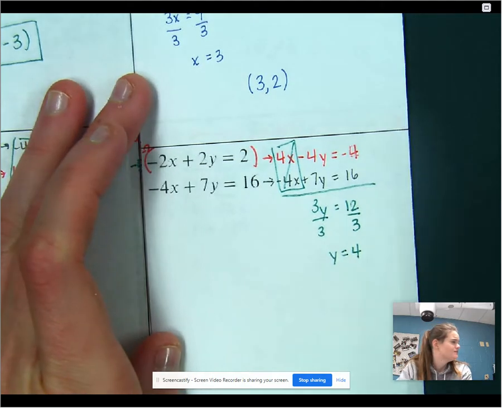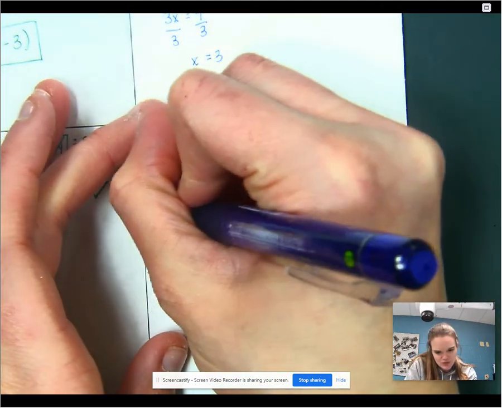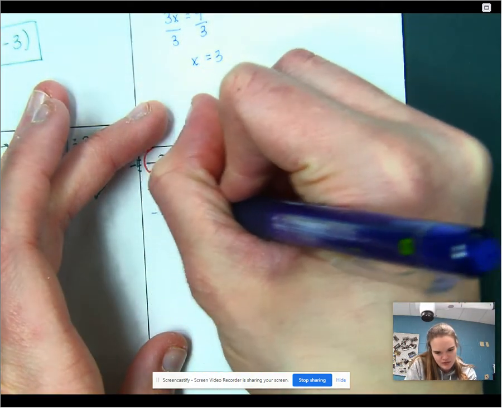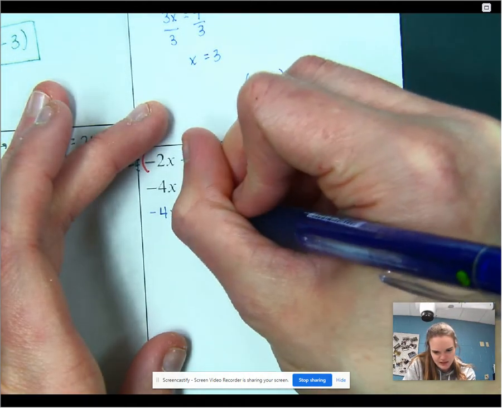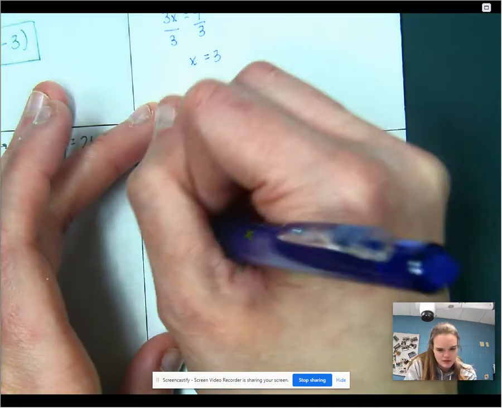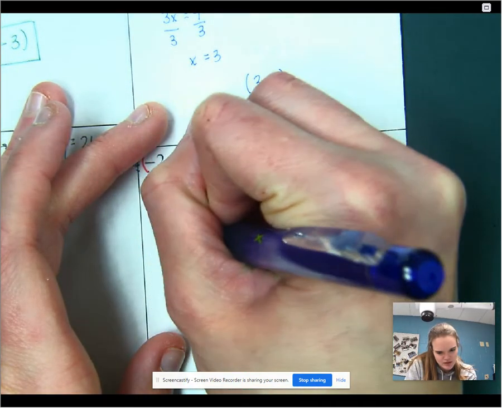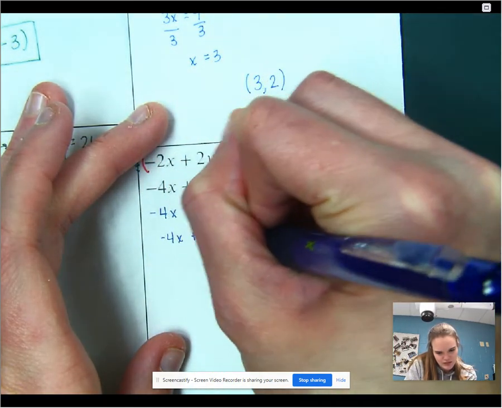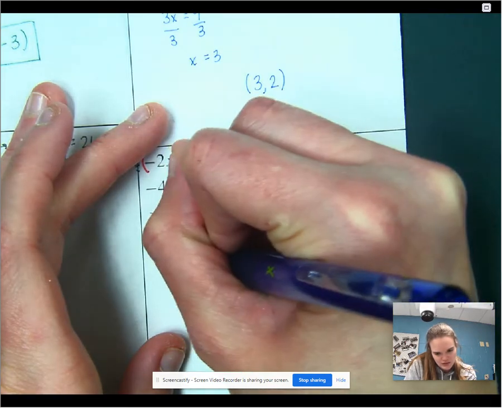And plug it back in. Negative 4x plus 7. It's probably easier to plug it in the top one than I did, but oh well. Equals 16. Negative 4x plus 28 equals 16. Subtract 28.